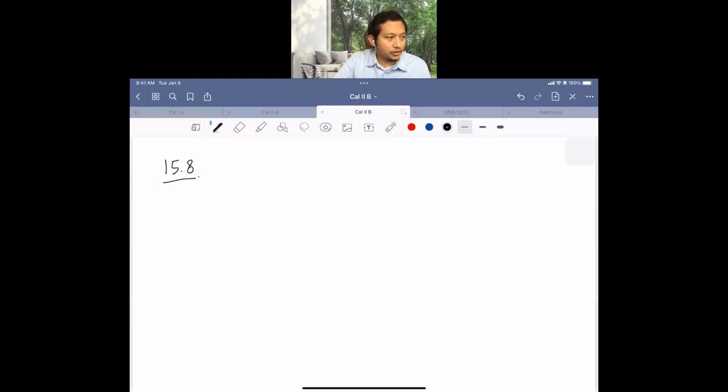This will be the spherical coordinates, so triple integrals in spherical coordinates. First, we need to define what spherical coordinates are. Of course, spherical means the coordinates in a sphere.